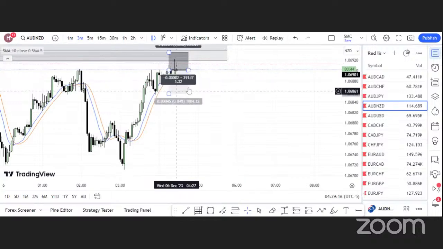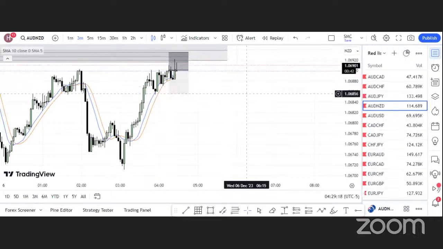So let's wait for this candle close. So after this candle closes and it's still giving us a rejection, then we take our sale.